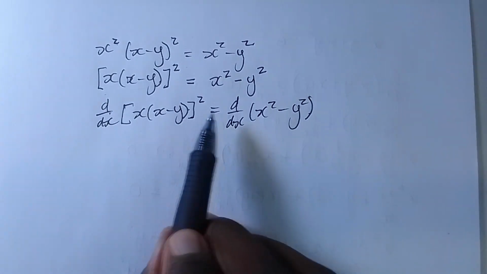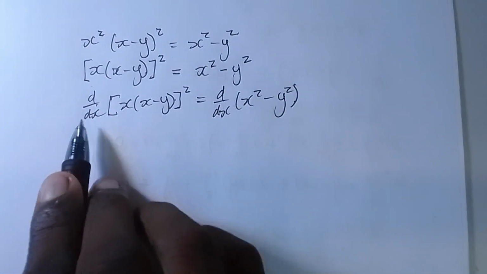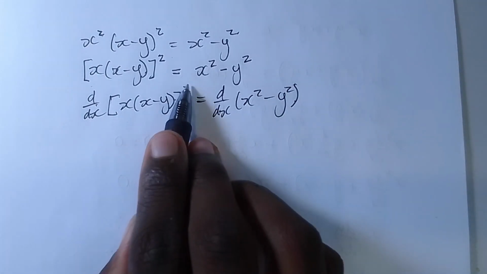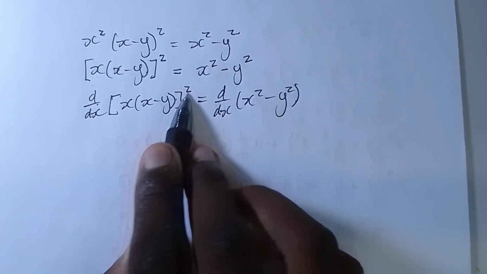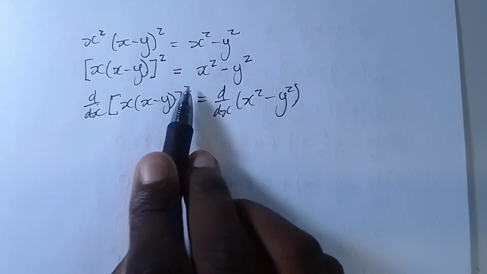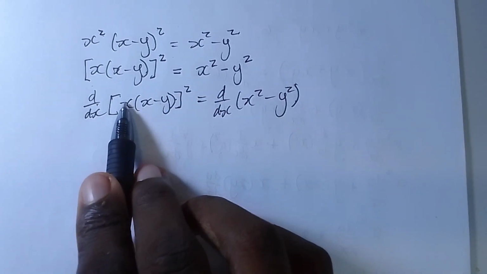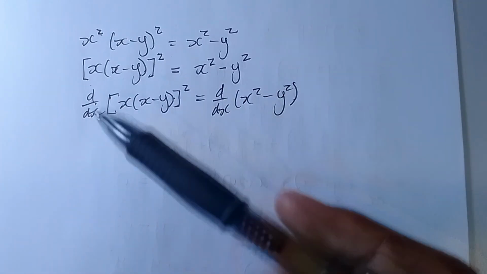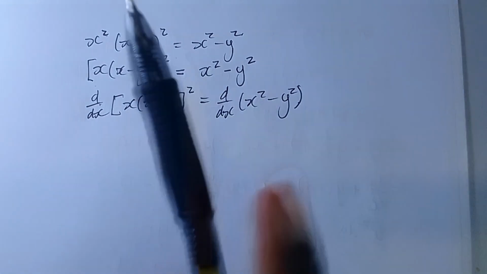Now let's differentiate both sides. To differentiate this side, we have a product, but we also have a squared there. So we'd have to use the chain rule for this, since we have a function and that function is squared. So we first differentiate the outside, which is basically the square bracket squared.